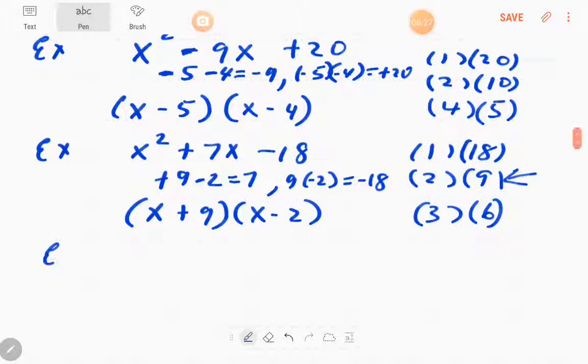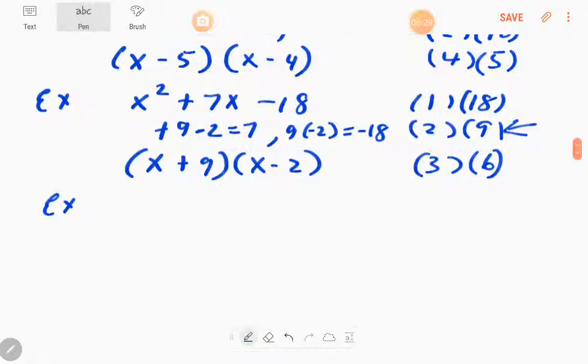Okay, let's look at a final example. Suppose we had x squared minus 2x minus 48. So we want to list all the pairs that multiply to give 48.